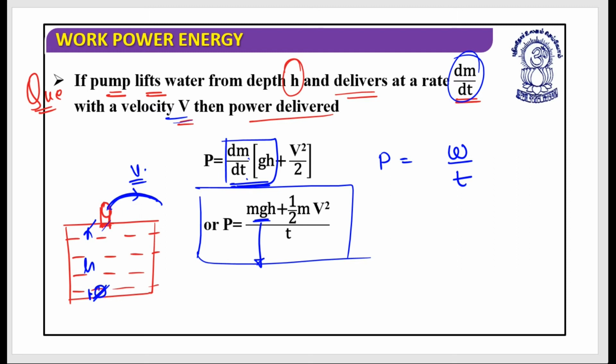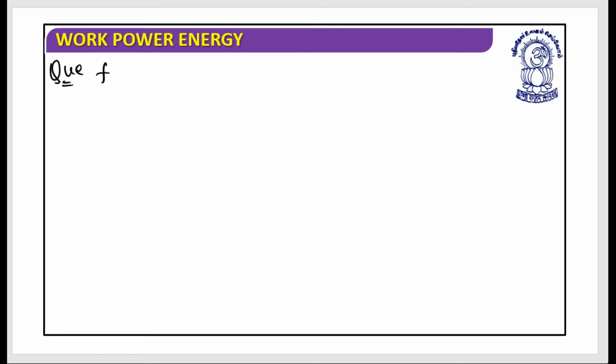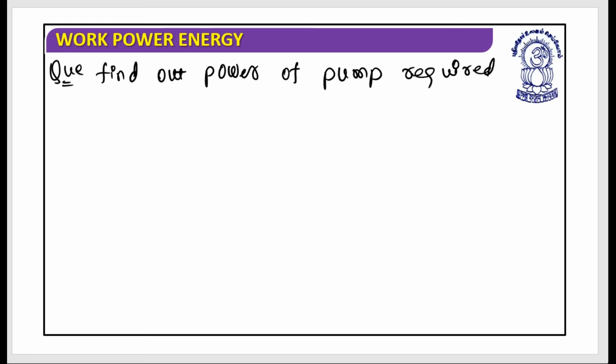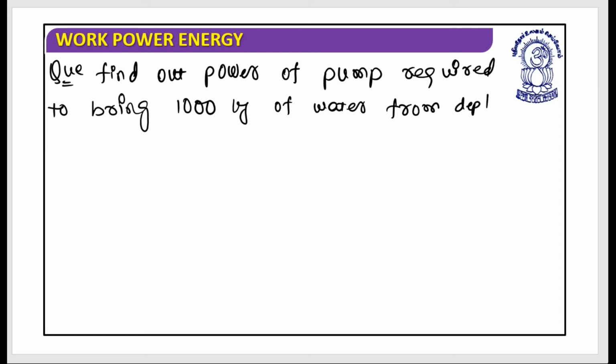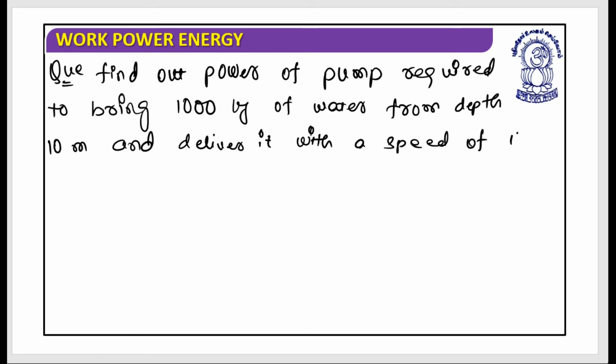So let's have one question on this: find out the power of pump required to bring 1000 kg of water from depth 10 meter, and deliver it with a speed of 10 meter per second for every hour.